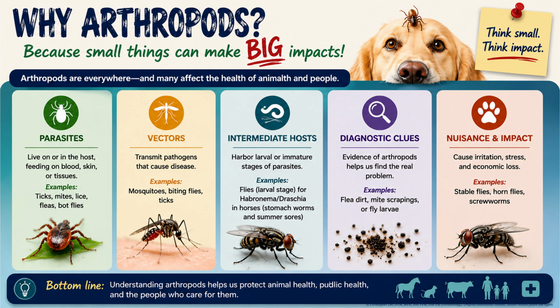And some cause nuisance and production loss. Stable flies, horn flies, screwworms, and other biting or larval forms can affect welfare, growth, milk production, behavior, and public health. The bottom line is simple. Understanding arthropods helps us protect animal health, public health, and the people who care for these animals.